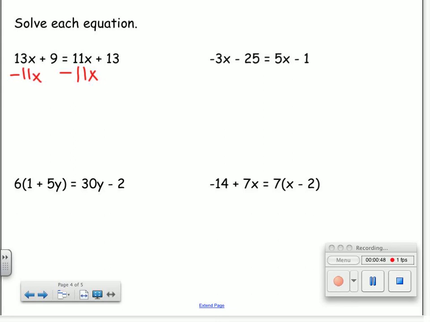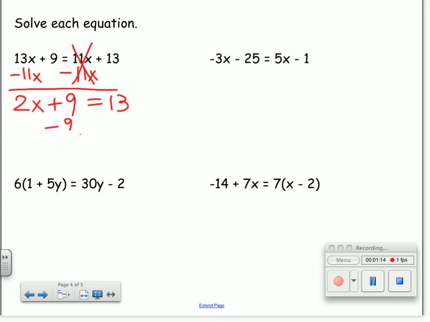When I do that, I end up with 2x minus 9 is equal to, this now cancels out, 13. Now what I need to do is what I've been doing in the previous problems: isolate the variable, so it's the only thing on one side of the equation.